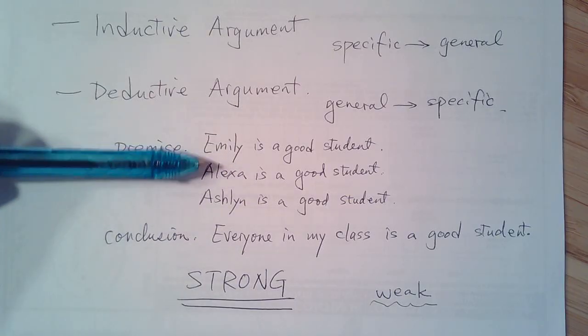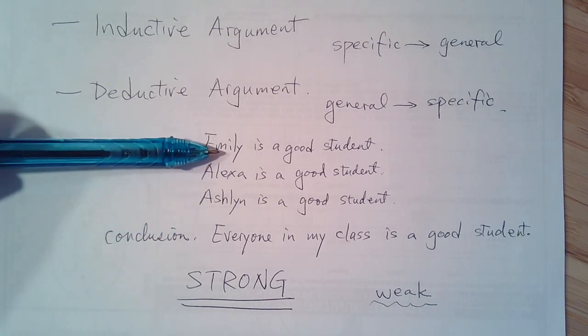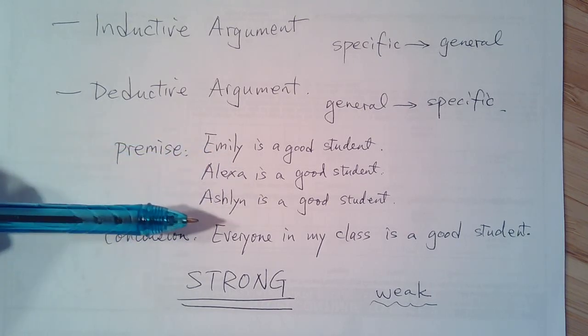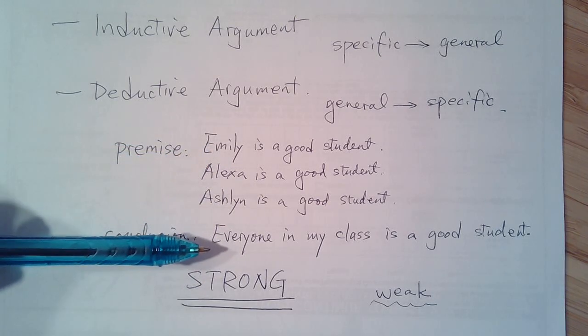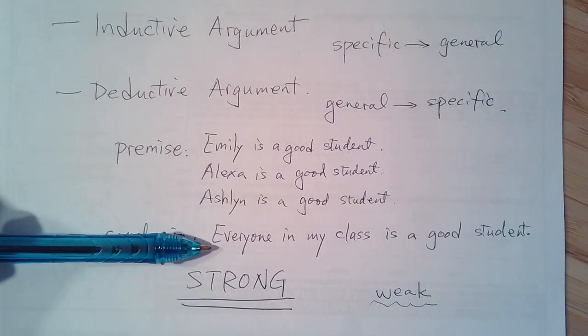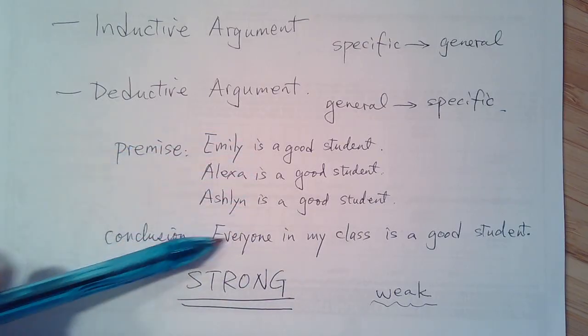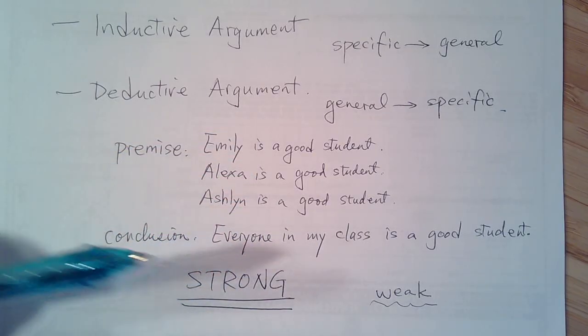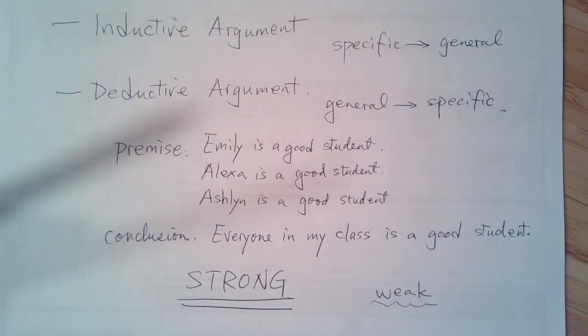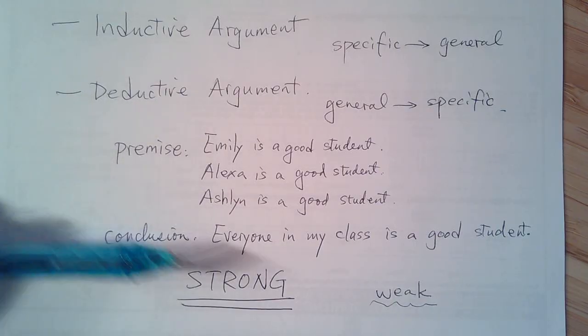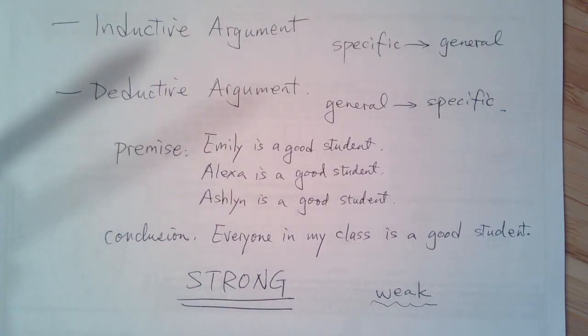Even if I just said there are 3 good students, 1, 2, 3, and even if I have, let's say, 5,000 students in my class, everyone in my class is a good student. This is a weak argument, but it might be true. It still could be true. So strong or weak has nothing to do with true or false.